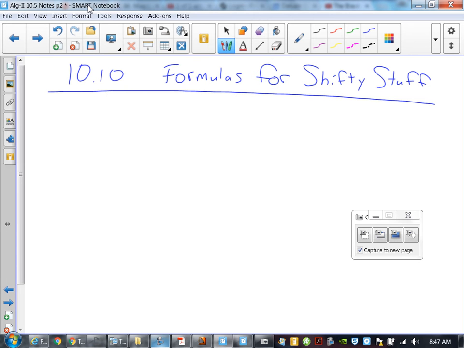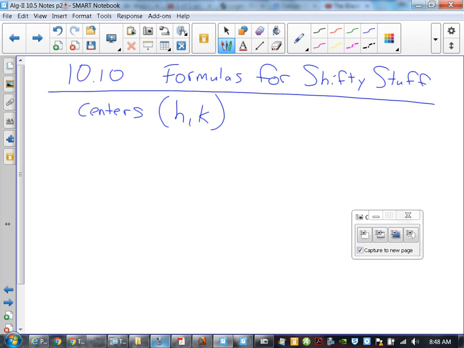Anyway, so what happens when we shift things are our centers become H and K. So for every single formula that we have, we've been working with these in terms of H's and K's, but we've had H and K's at 0, 0.